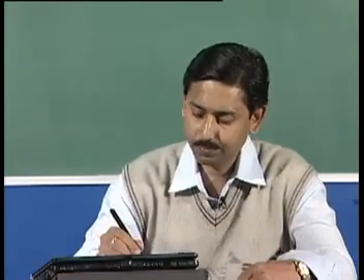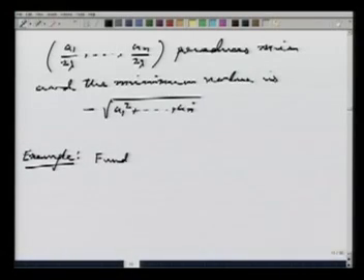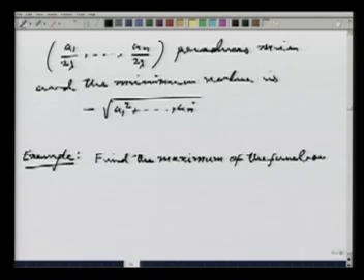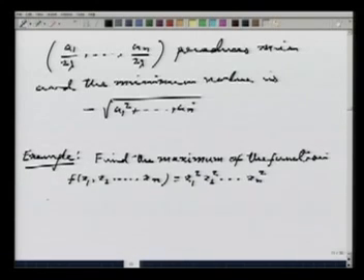So here the problem is: find the maximum of the function f of x1, x2 up to xn given by x1 square, x2 square up to xn square, such that x1 square plus x2 square plus xn square equals c square.